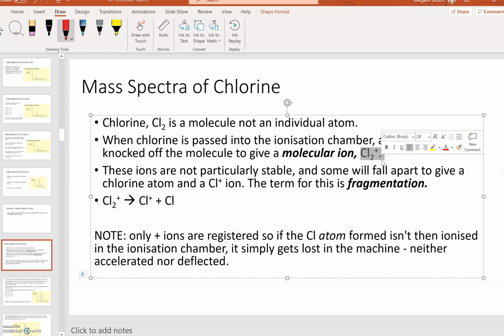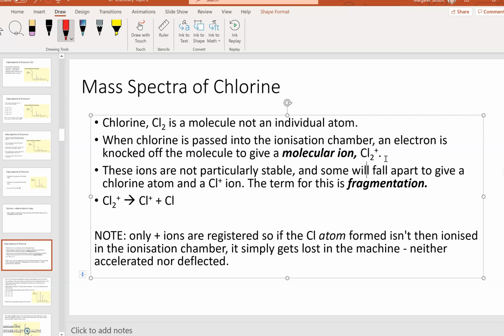The thing is though, some of these chlorines would be chlorine 35 and some of them would be chlorine 37, and that creates a whole lot of different masses that could possibly appear in our spectrum. If you had two 35 chlorines, for instance, you'd see a mass of 70. If you had two chlorine 37s together, you would see a mass of 74.